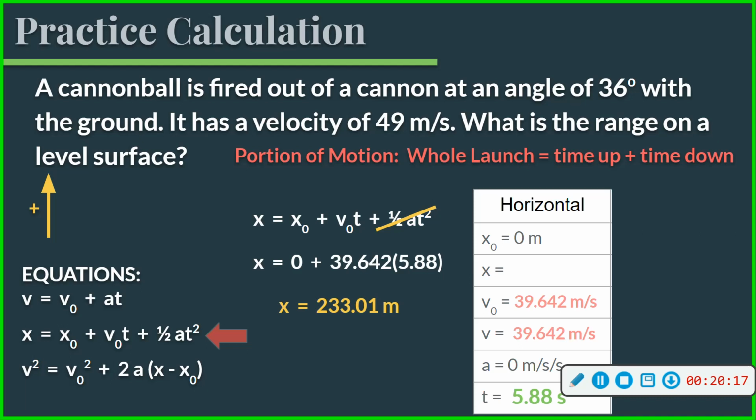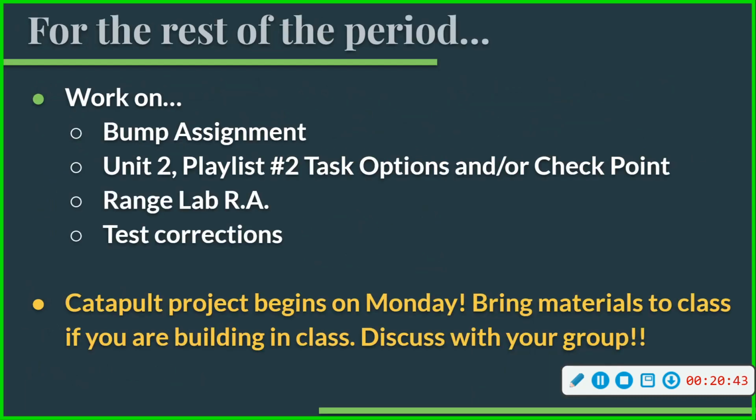Doubled the time since we were calculating just on the way up. Coming back down adds another 2.94 seconds. And then once we know the total flight time, we can calculate how far it's going to go in the horizontal direction. So there's a lot of moving parts to these, but fundamentally, if you keep your eye on what you can solve and what you need to solve for, these usually aren't too bad. All right, any other questions?